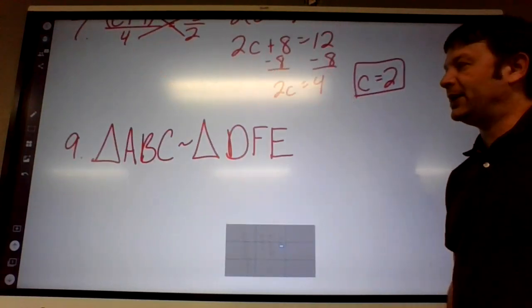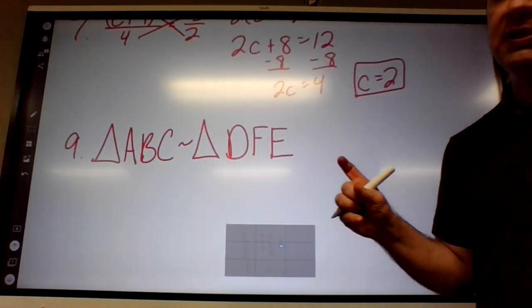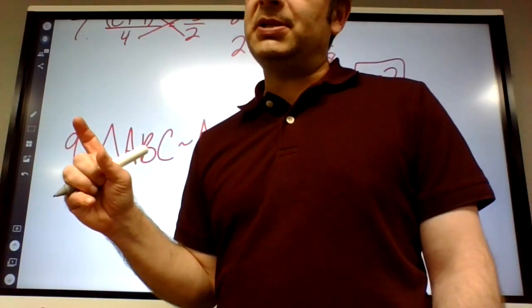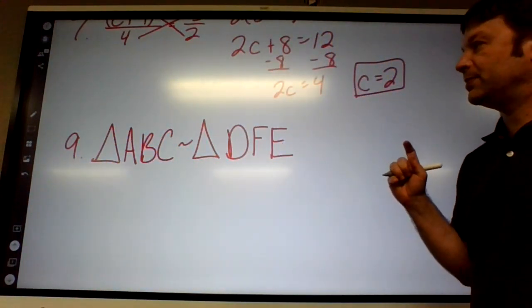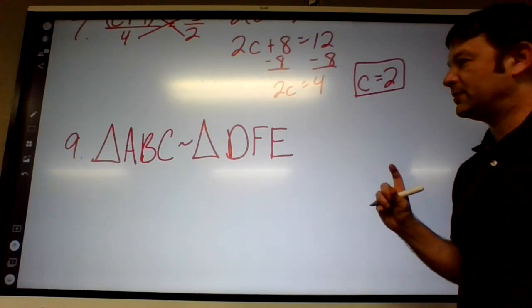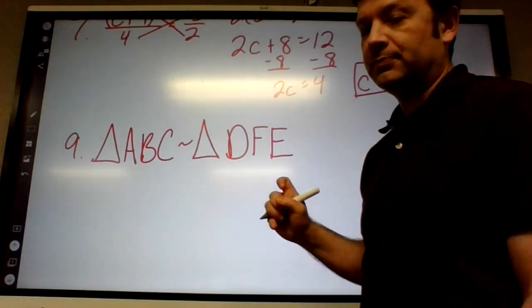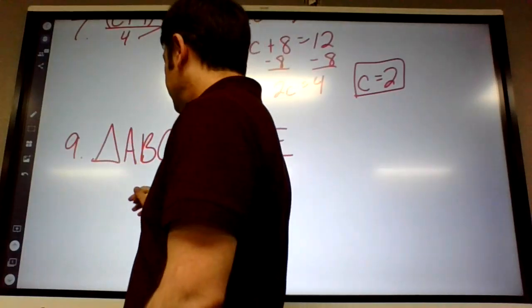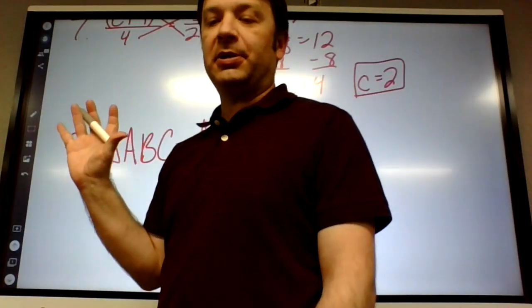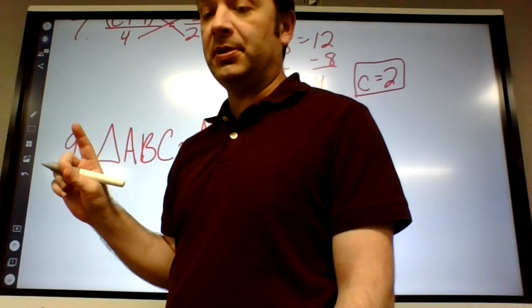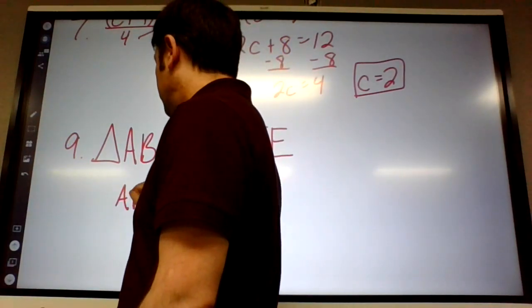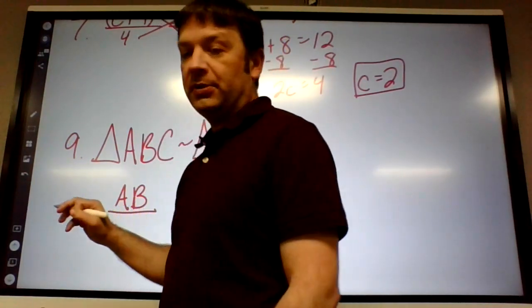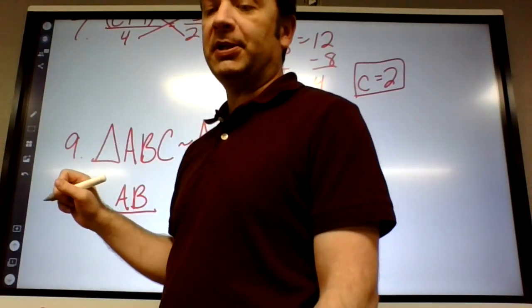Then they want us to write an extended proportion relating the lengths of the sides. So what's the equal ratios for the sides going to be? The sides aren't congruent, it's the ratio of the sides that are equal. AB matches FD.